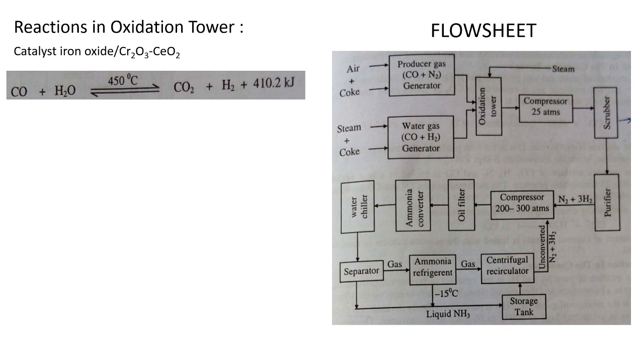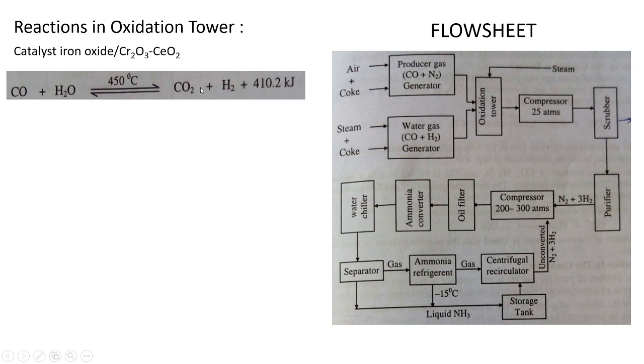So the reaction can continue even at low temperature, means just at the beginning, for the initiation of reaction you have to maintain the temperature. After that, the heat which is released here, 410.2 kilojoule energy, that itself helps to maintain the reaction temperature. So here it is, you can say, optimum use of energy.